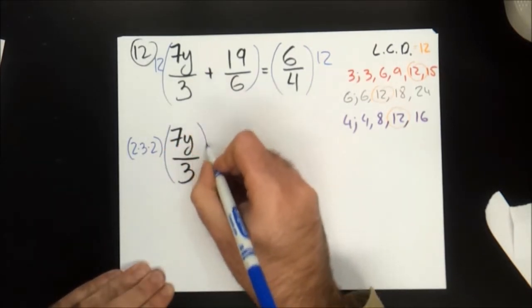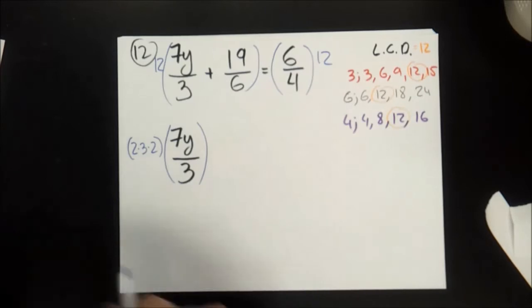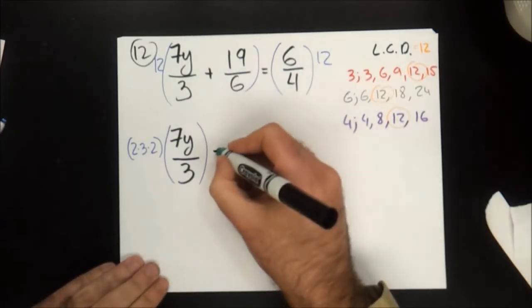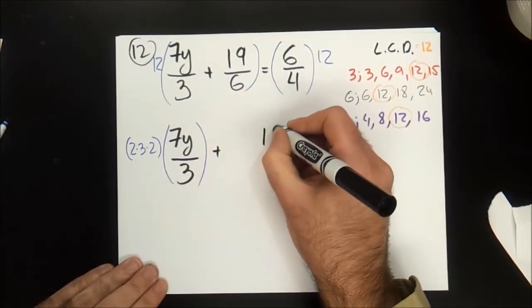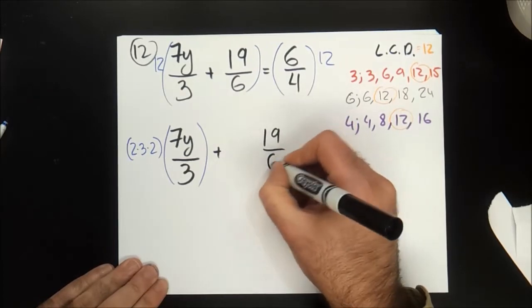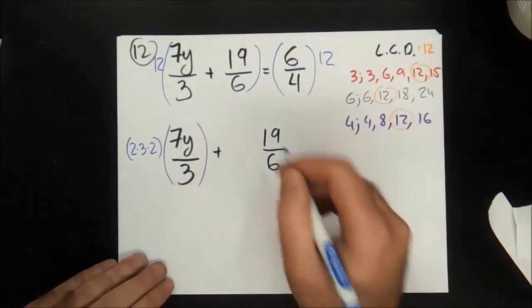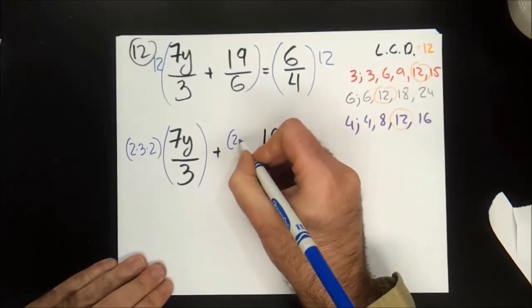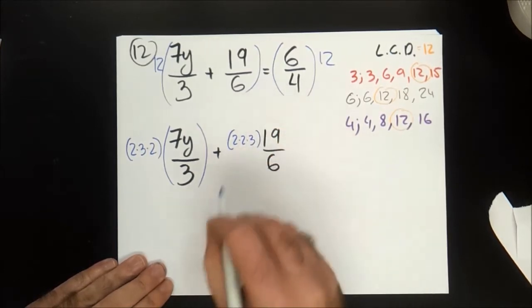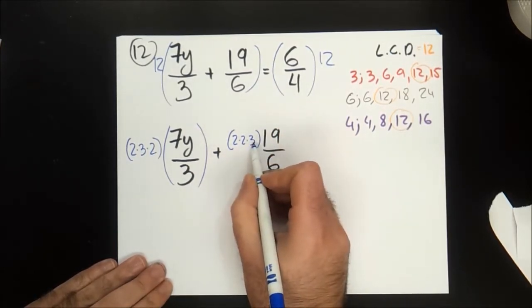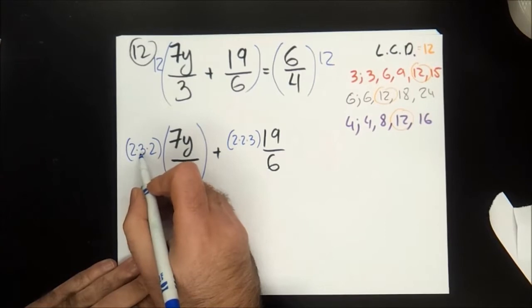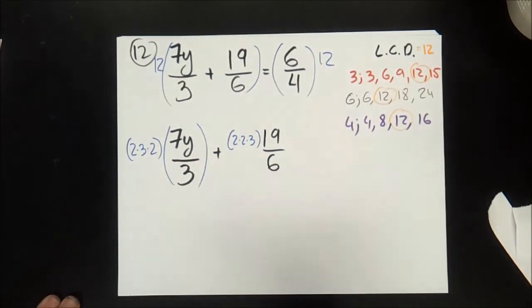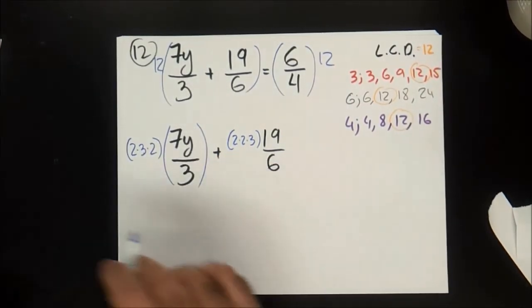I'm breaking it up, and you probably know why I already broke that 12 up. Then we have plus 19 over 6. And again, I'm going to break that 12 up into 2 times 3 times 2. 2 times 2 is 4. 4 times 3 is 12. Here it's 2 times 3 is 6. 6 times 2 is 12. I just broke them out a little differently.